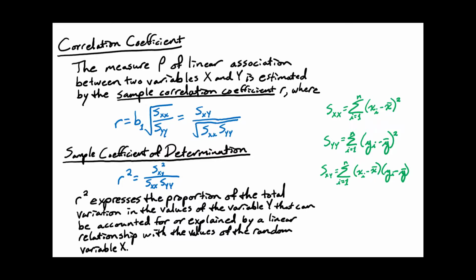So if I find a coefficient of determination to be something like 0.24, what that's telling me is 24% of the variation in the values of the variable y can be accounted for by the values in the random variable x, that linear relationship that I found.